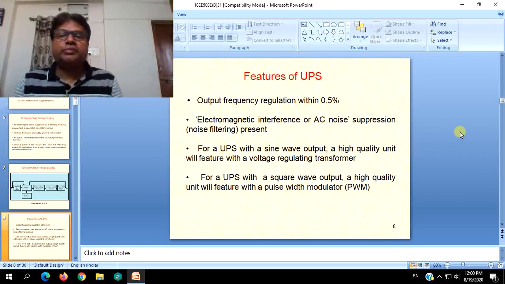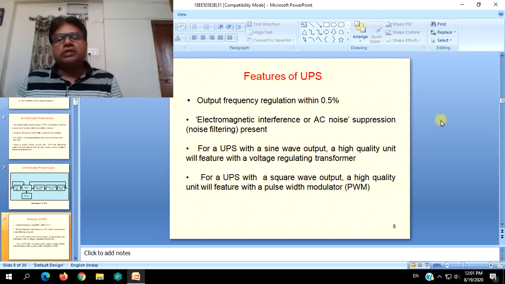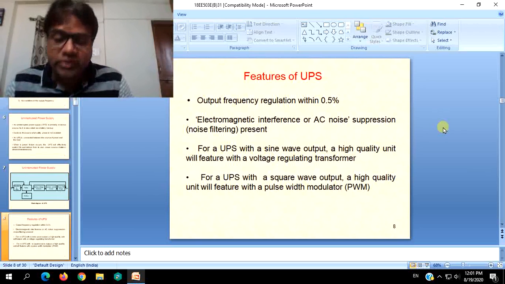So what do we expect from any UPS? The features of a UPS should include output frequency regulation within 0.5%. This is true for all electrical equipment. So the load should get an output voltage with as little frequency deviation as possible, 0.5%, which is 0.5% of 50 Hz.